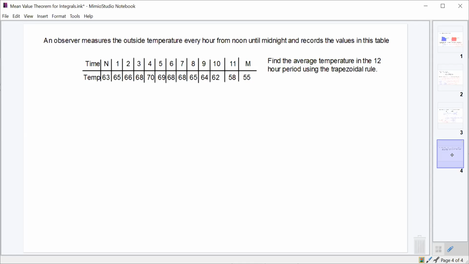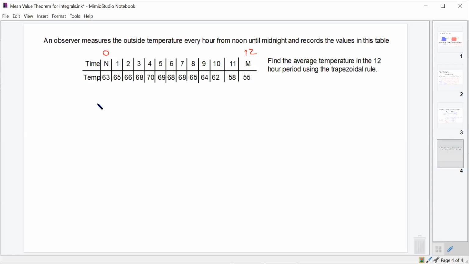And so we could use a left, a right, or a midpoint rectangular approximation, or we could use the trapezoidal rule. And I specifically asked you here to use the trapezoidal rule. So we'll use the trapezoidal rule to approximate this integral. So we're going from t equals 0 to t equals 12.